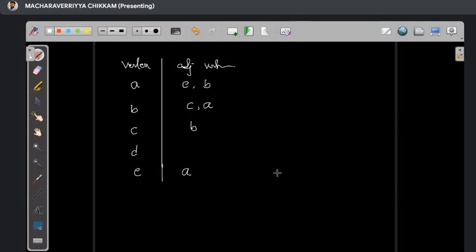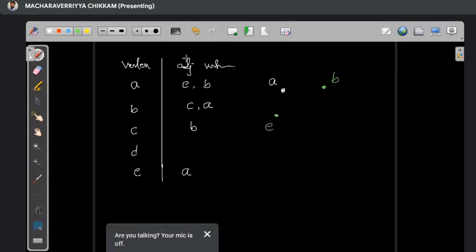Alright. So now let us try to draw a graph. So this A is here and its adjacent vertices are E and B. Let me use a different color for B and E. So now we have to establish an edge between these two.